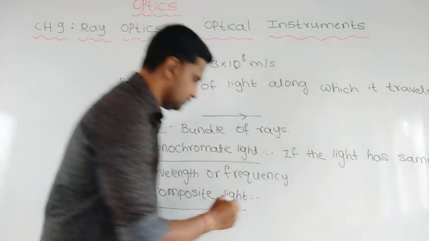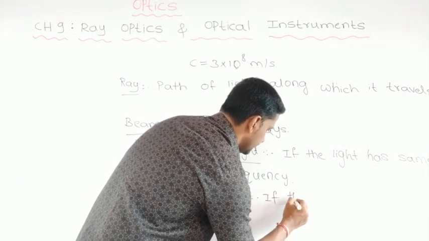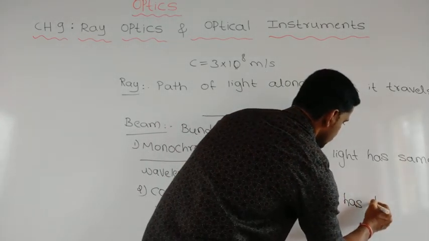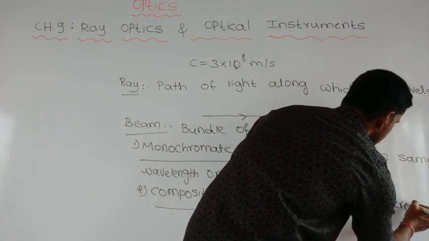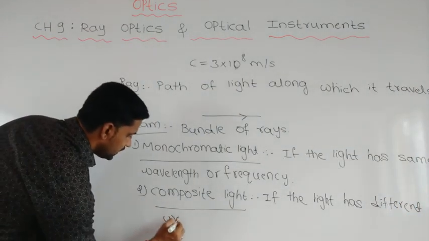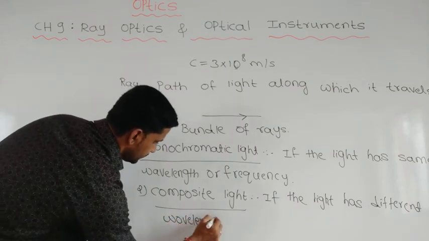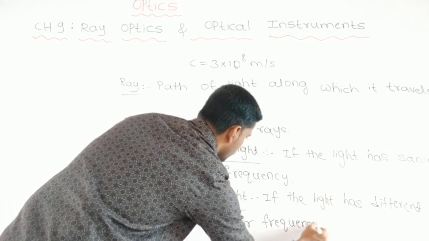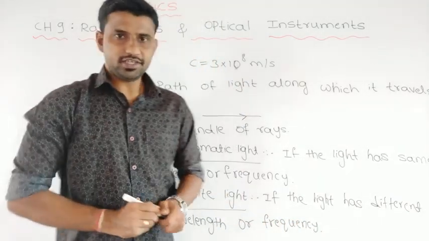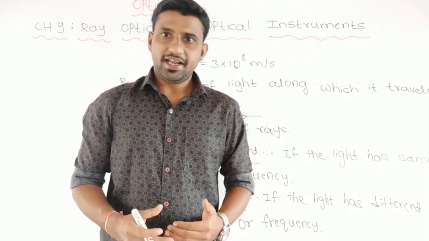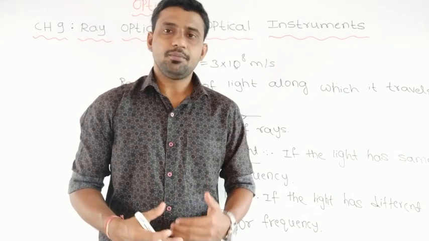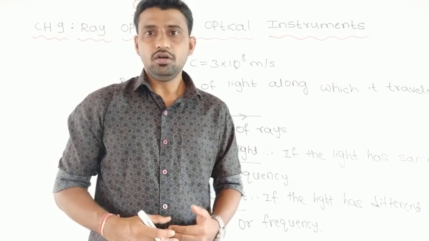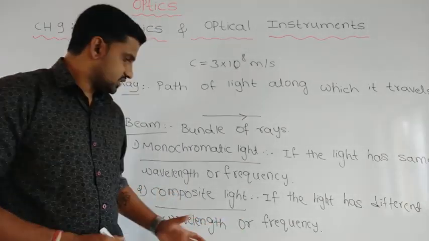If the light has different wavelengths or frequencies, then it is called composite light. So in this case, light does not have the same kind of wavelength or frequency. In this case, it has different wavelengths or frequencies, so it is called composite light.